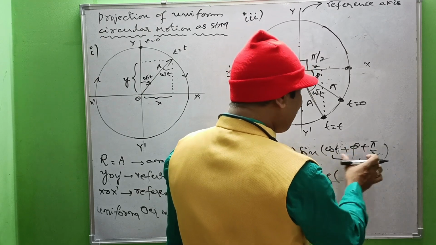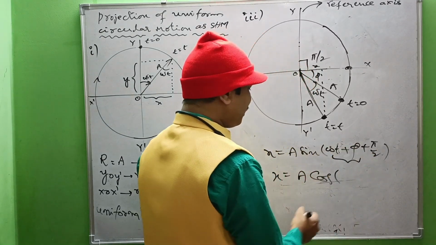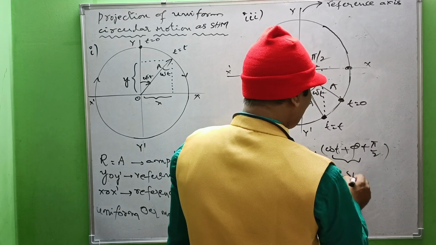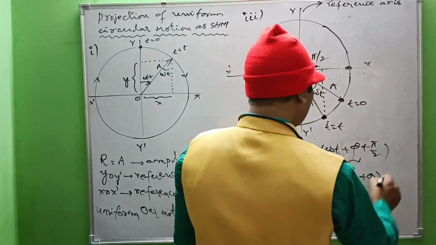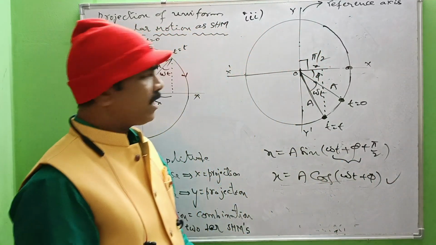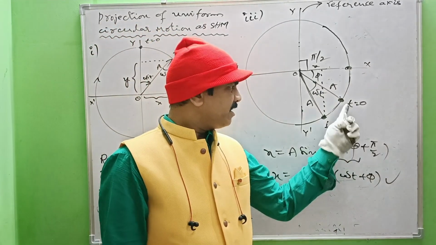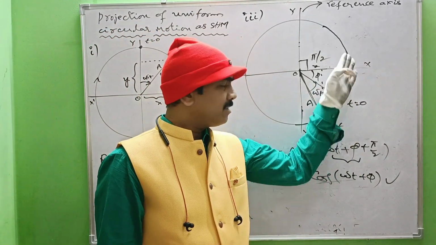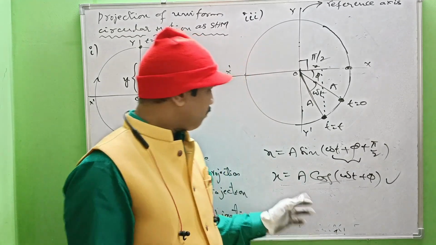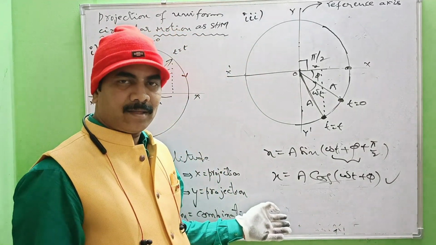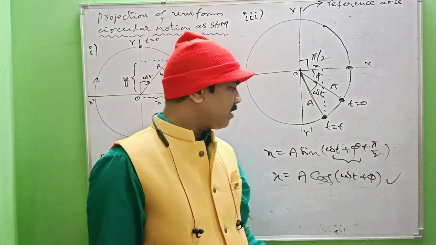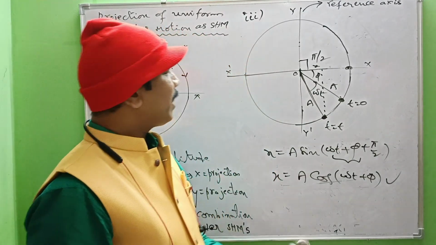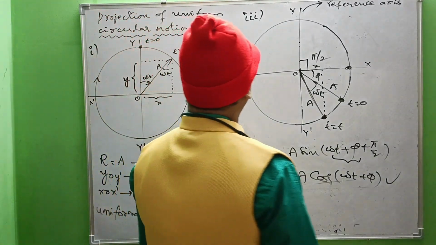So this is the valid equation. When the particle lies initially and at the later instant in the fourth quadrant itself, our valid formula for SHM is x equal to A cos(omega t plus pi). Right?